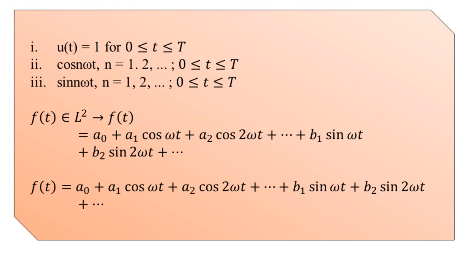The number of coefficients required to represent a signal f of t will depend on how smooth and how fast our signal is varying in the range 0 to capital T.